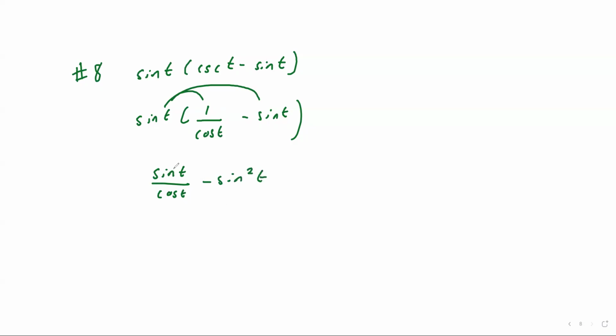All right, now when I do this, I see that sine over cosine is the same thing as tangent of t. So let's see what we can do with this information.